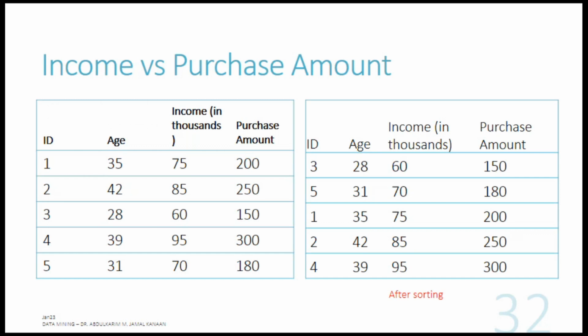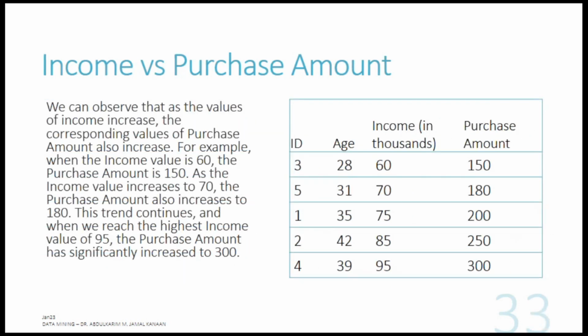After sorting, what do you notice? When the income is 60,000, 60K, the purchase amount was 150. When it was 70, then it has become 180. That means there's an increase on X, and a corresponding increase on Y, right? Income and purchase amount, correct? So if your income is low, when you go to do purchases, of course, we cannot afford to purchase many things.